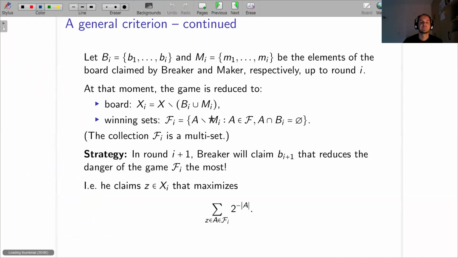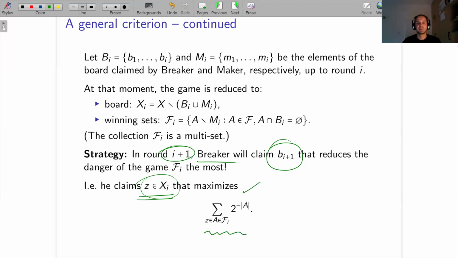And now, what is the strategy of breaker? In the following round, after i rounds, breaker will claim the most dangerous element, the one which reduces the danger the most. What is the danger? He claims the element z of the board that maximizes this danger.